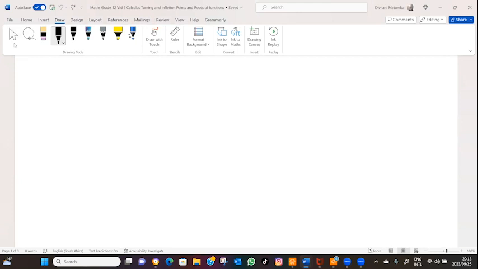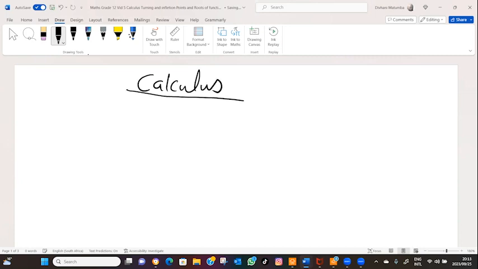However, we will also solve the point of inflection because we're going to have cubic functions as well. So let us start with this interesting topic, calculus.